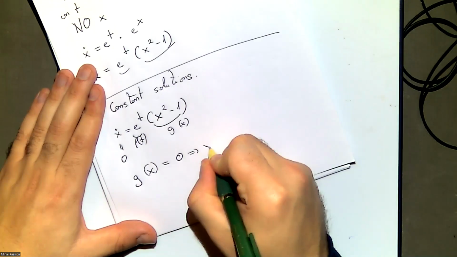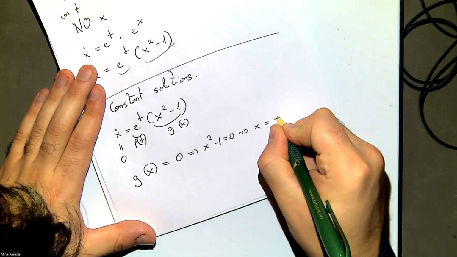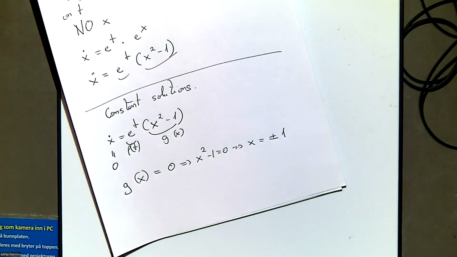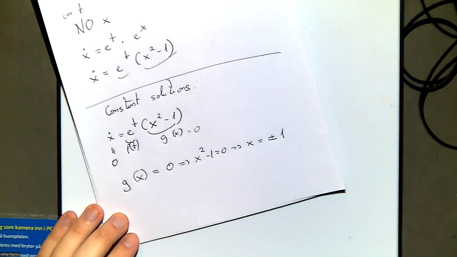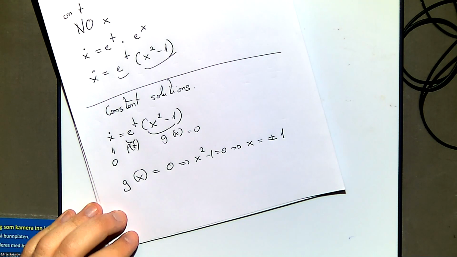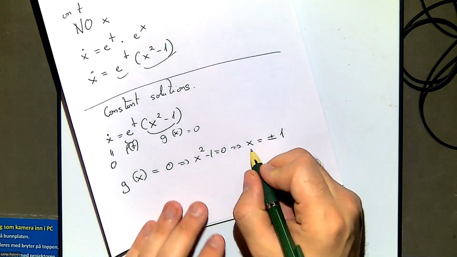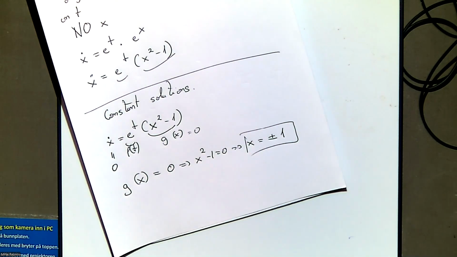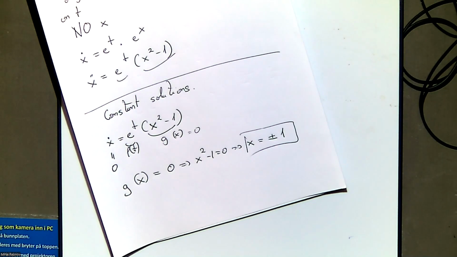In this case, if I just solve it, if x is equal to plus minus 1, then g of x is going to be equal to 0, and x dot is going to be equal to 0 because it's a constant. So these x's, x equals plus minus 1, solve this differential equation. They are a constant solution to it.